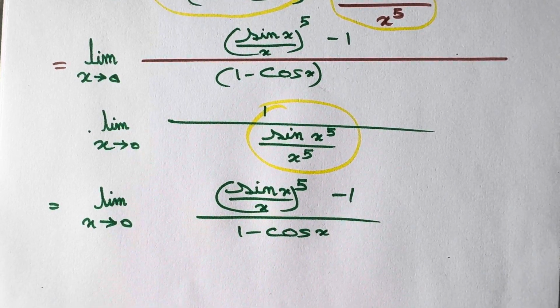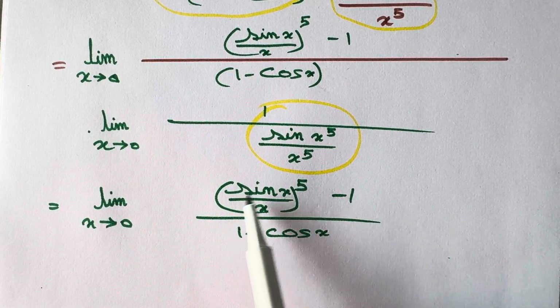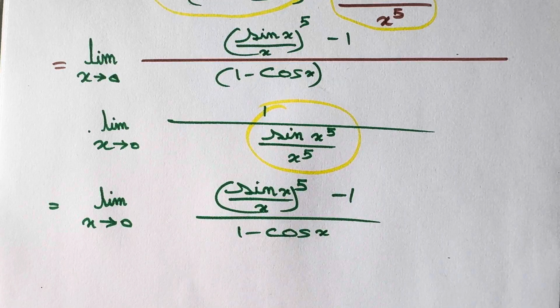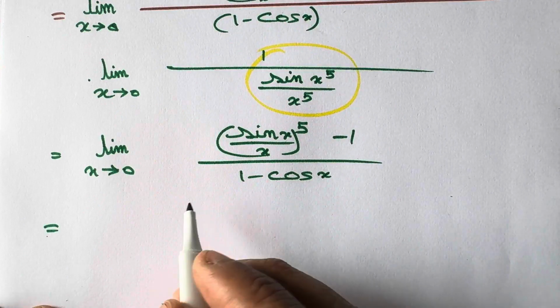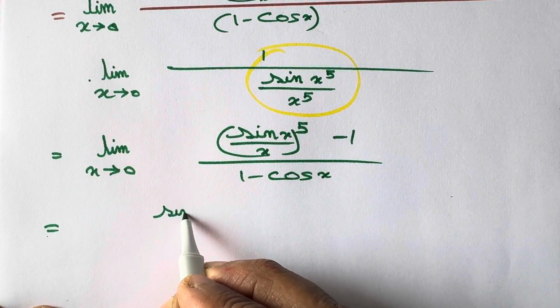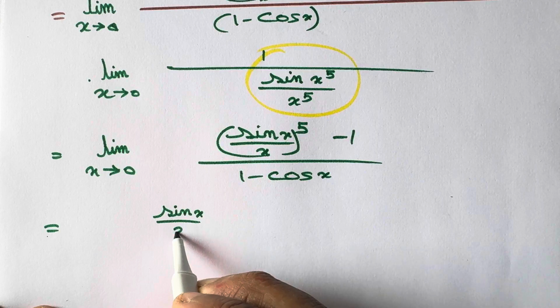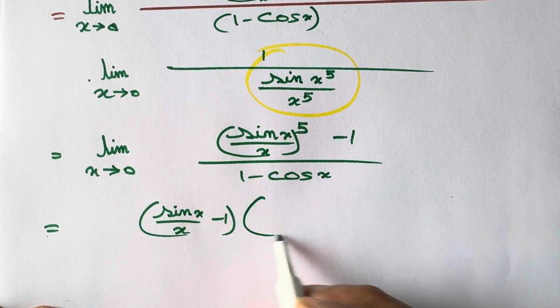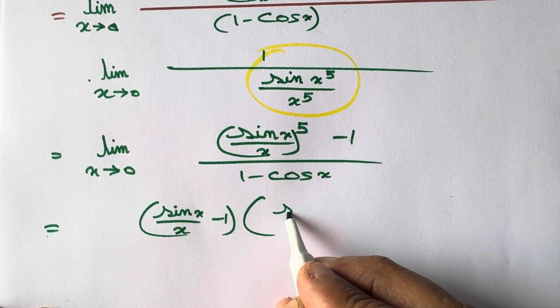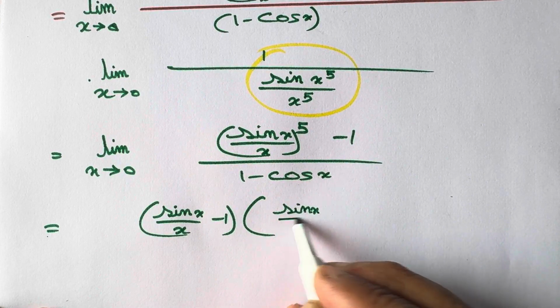Okay, did we simplify? Yes, a bit, but we need to do more. How about this one? Still it appears complicated. However, we know that a to the power 5 minus 1 can be written as a minus 1 times a to the power 4 plus a cube plus a square plus a plus 1, with a equal to sin x by x.